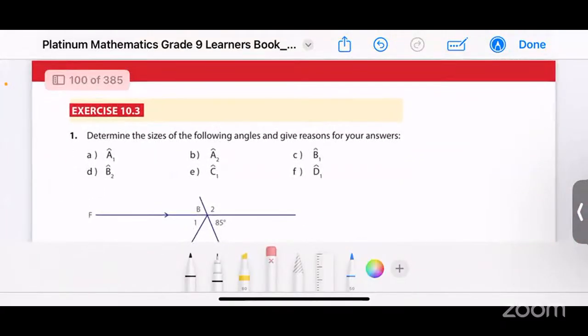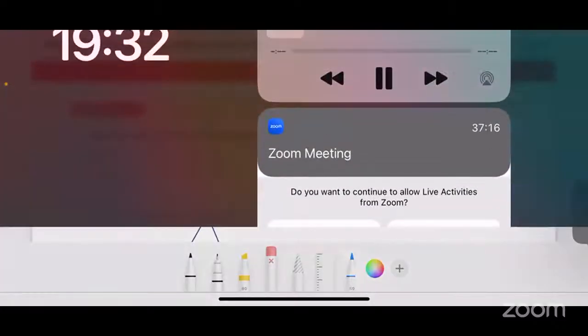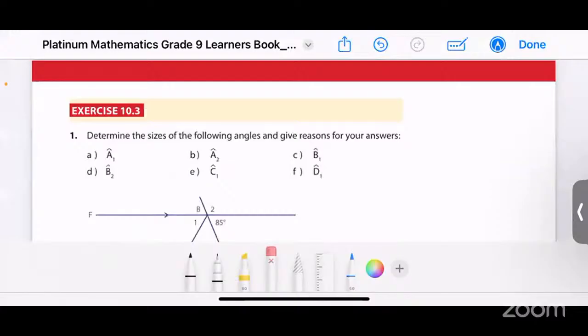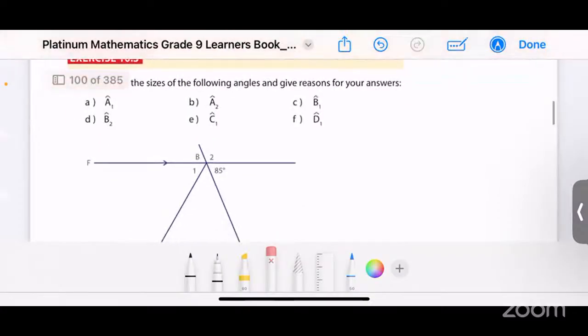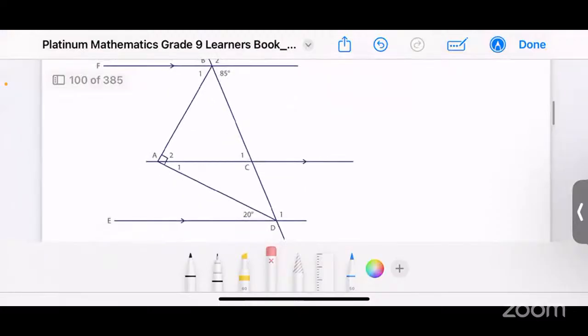Let's do this one. Determine the size of the following angles and give reasons for your answer. So we want to look for those angles.